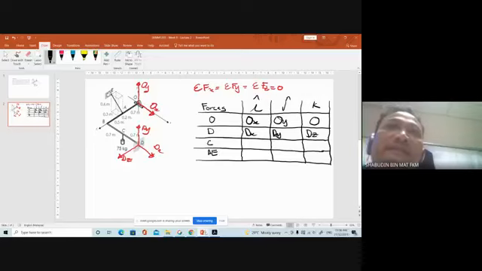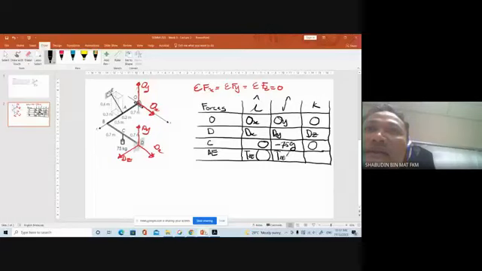At point C, you have negative 75g, 0 in X, 0 in Y. At point E, you have TAE multiplied by that.